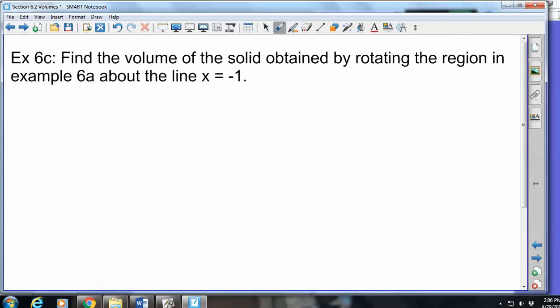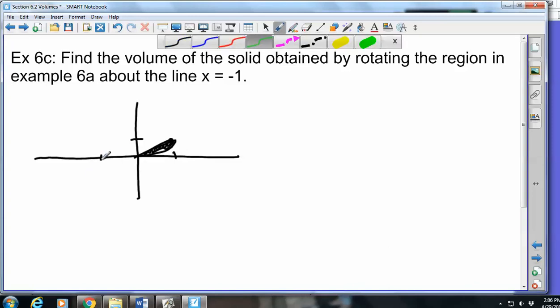Let's do another one with this same scenario, because it's so much fun rotating it around different lines. So, same solid. This time I'm going to rotate around x equals -1. Start with that. X equals -1 is a vertical line.